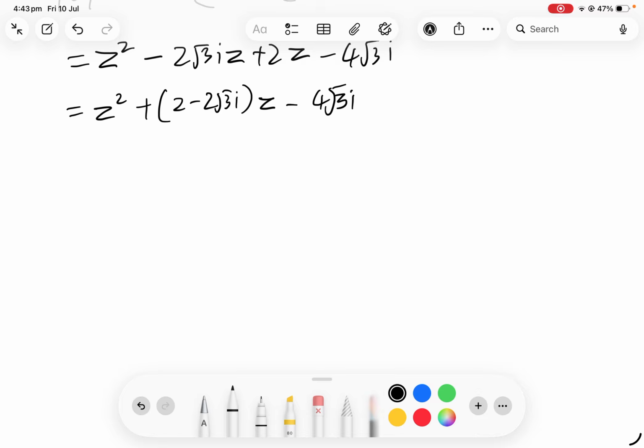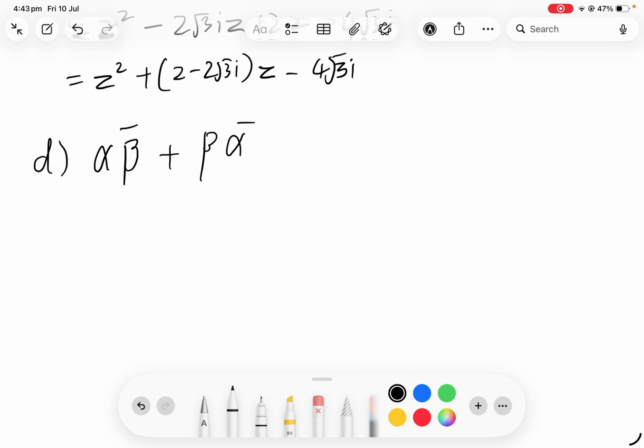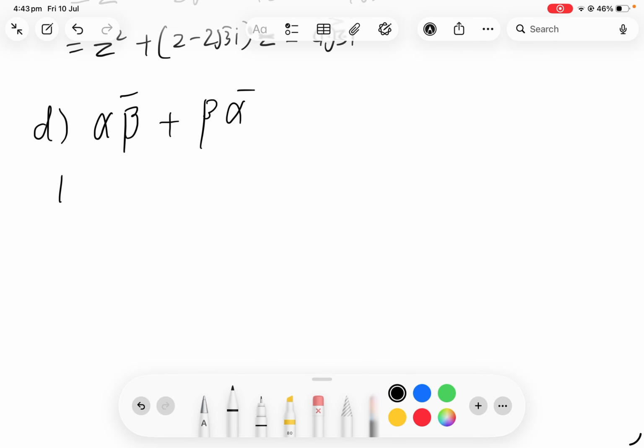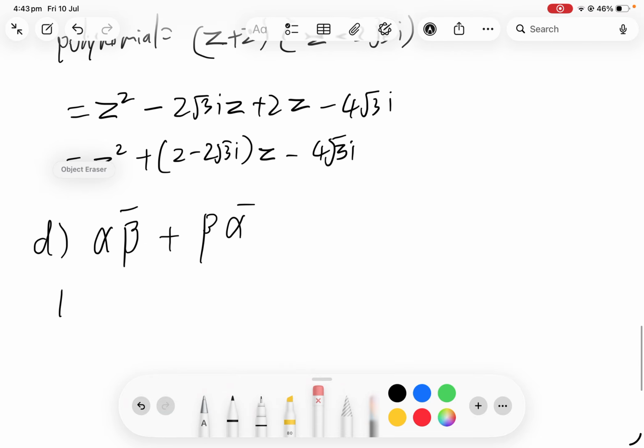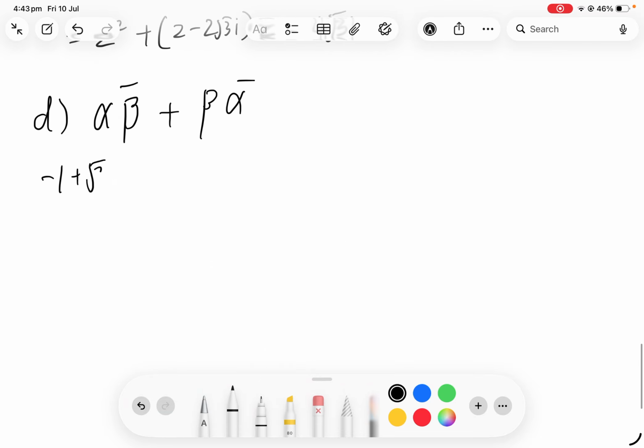And for the last part of this question, it says find the exact values of alpha, beta, but inverse. Okay, I think that's called, well, inverse the imaginary part, alpha. And then so basically that's just alpha, which is -1 plus square root 3i, -1 take square root 3i, plus -1 take square root 3i.